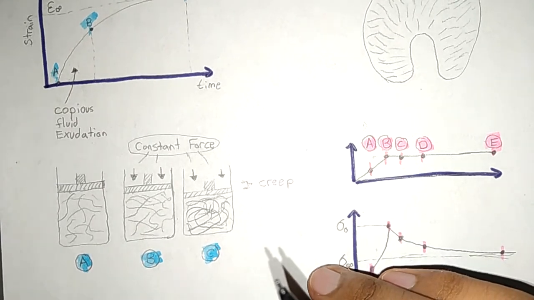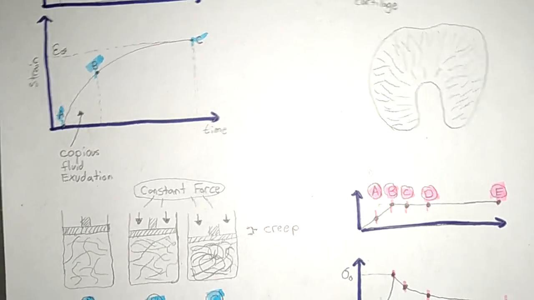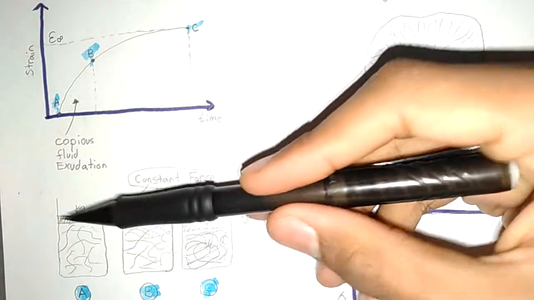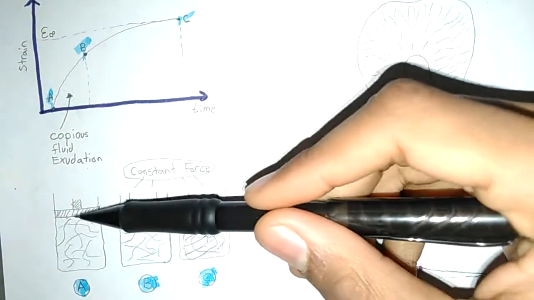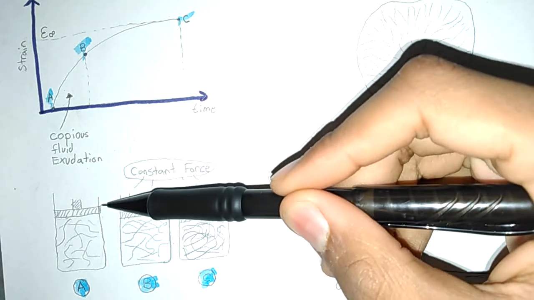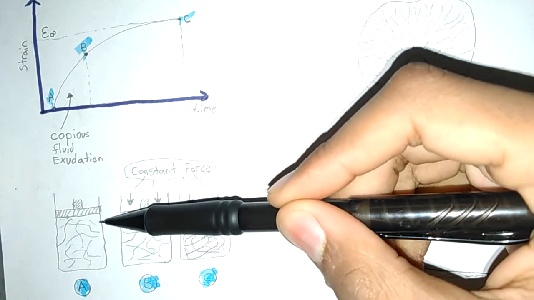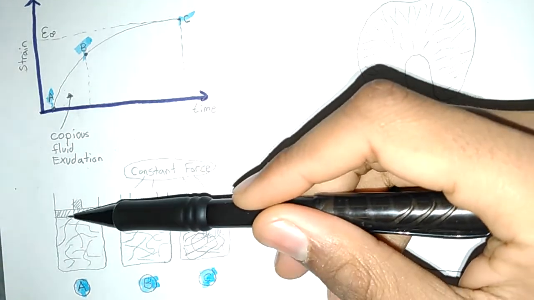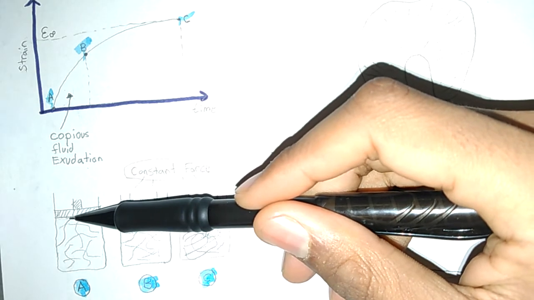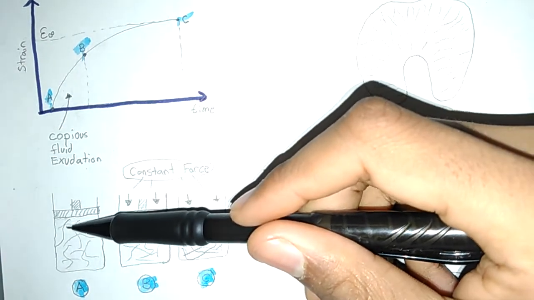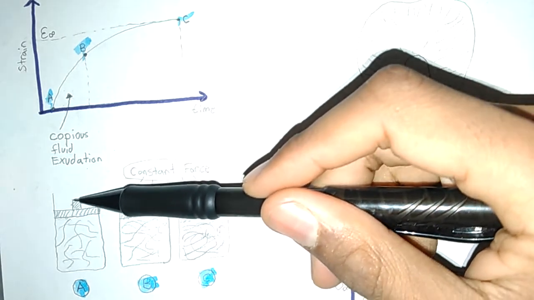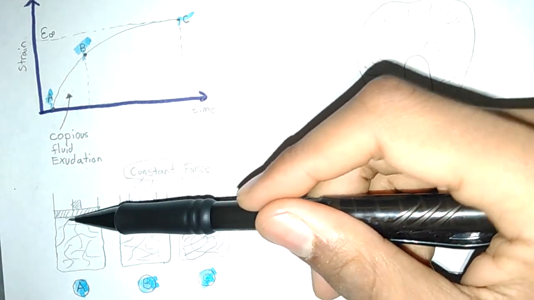Okay, so how do we imagine what's happening? When you suddenly apply a force, and assume this is a cartilage, and this force is only in one direction. Initially applying the force, and there are collagen fibers over there. The collagen fibers are resisting that force initially. But because of that force, these collagen fibers will rearrange themselves.